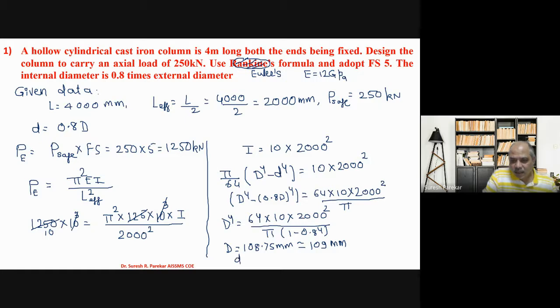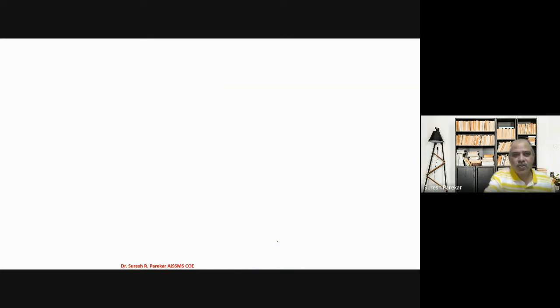And small d we have 0.8 into 109, which is 87.2 millimeters. So likewise we have to solve this first problem from exercise 2.